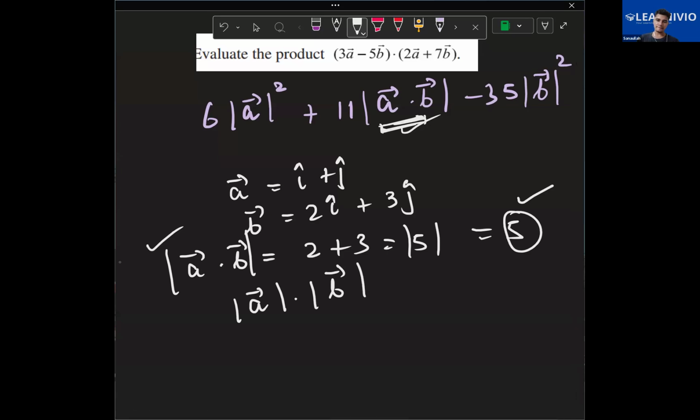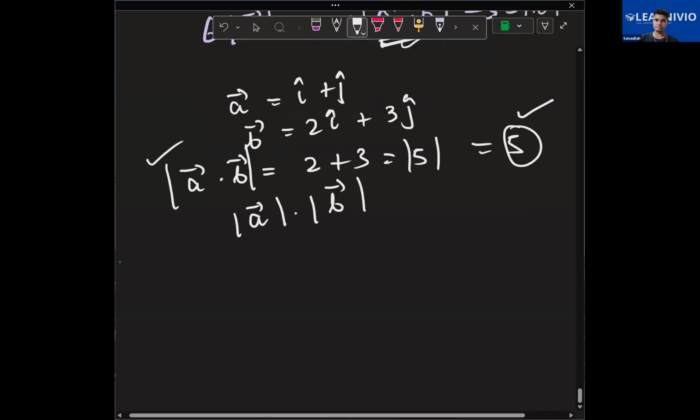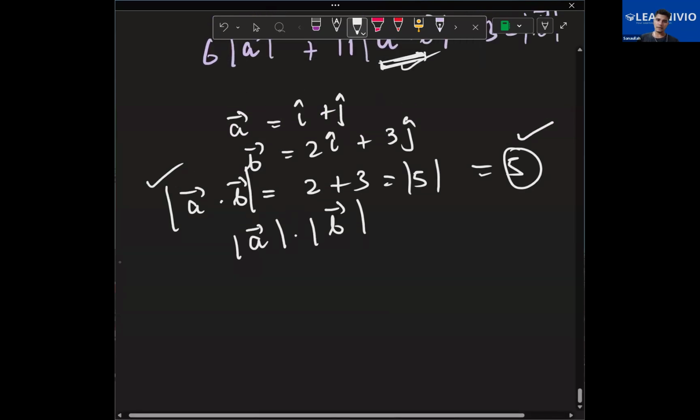Can we do like this? Is it possible to do like this, or is there some other formula? I think you will study this ahead maybe.